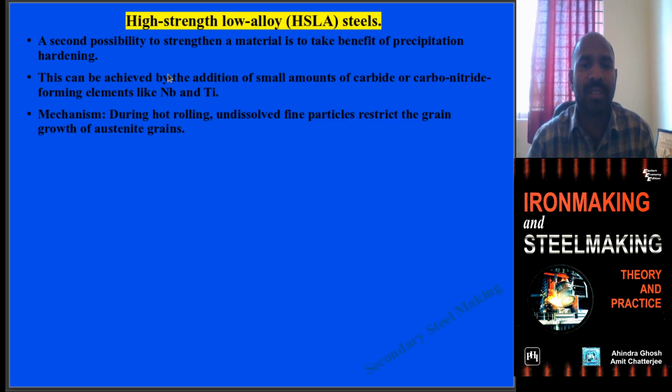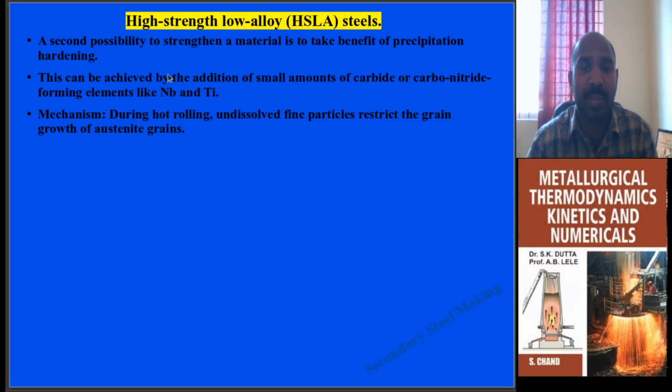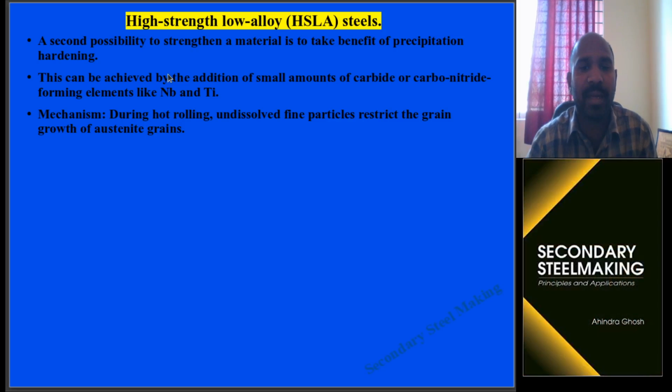The main mechanism is that during hot rolling, this niobium carbide or titanium carbide or nitride becomes undissolved fine particles which restrict the grain growth of the austenite grains.